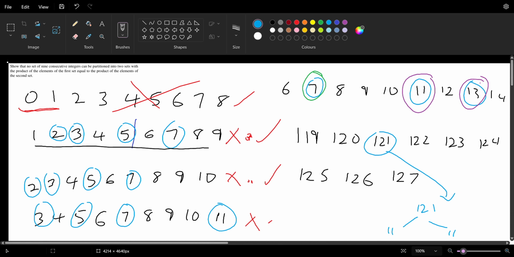But because there is at least one that has prime factors greater than 9, because this 11 times 11 exists, there is no way you can split it into equal products, because there is no other 11 times something that helps to balance it. There's no 11 times 10, there's no 11 times 9, there's no 11 times 12, there's no 11 times 13 that can balance it, because that's 11 steps away. But we are dealing with only 9 numbers.